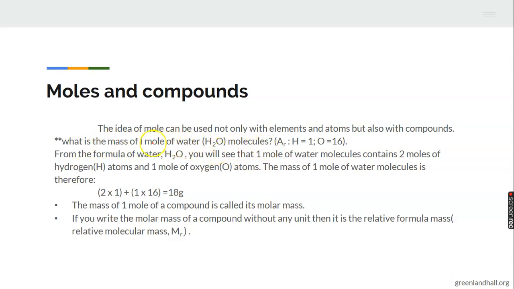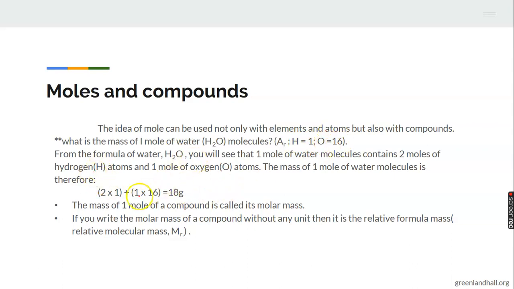On a normal day we are given the mass of 1 mole of hydrogen, which is the relative atomic mass, and we can be given the mass of 1 mole of oxygen, which is 16 grams, right? Don't forget, just like the one we just did right now. So the relative atomic mass of hydrogen is 1. Then the relative atomic mass of oxygen is given to be 16.